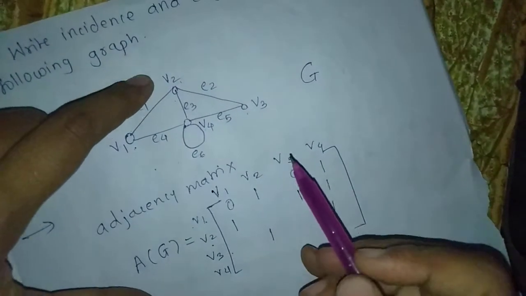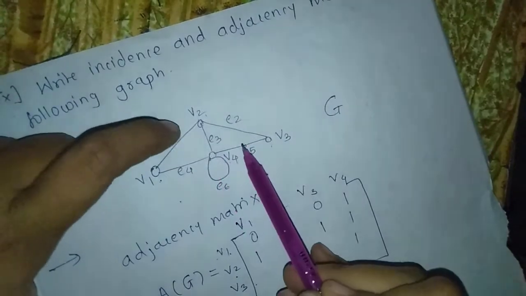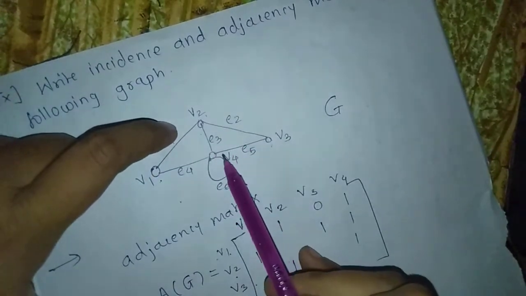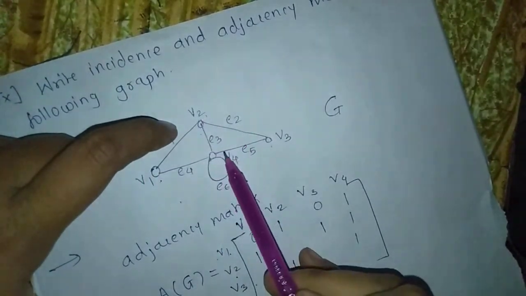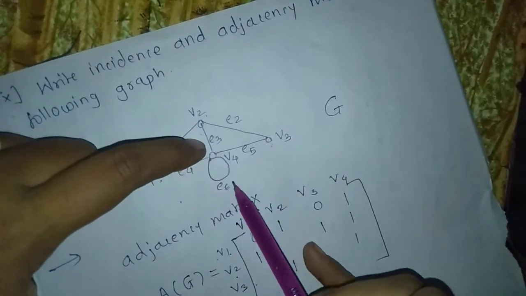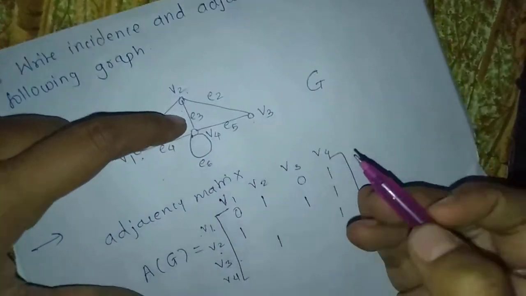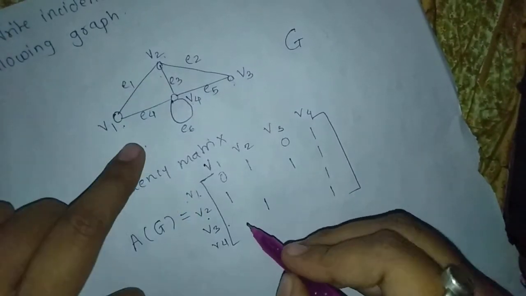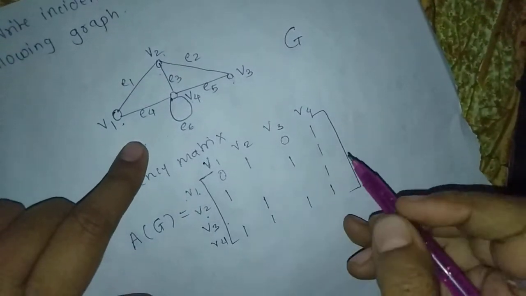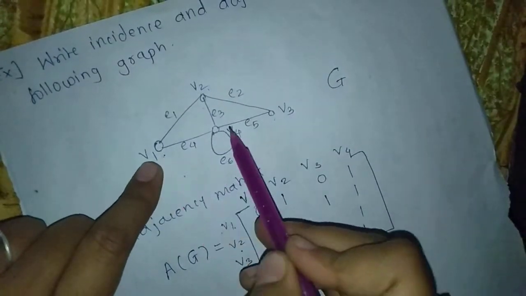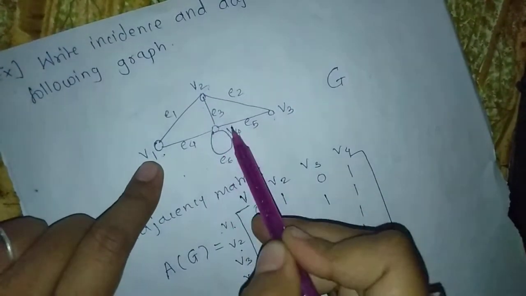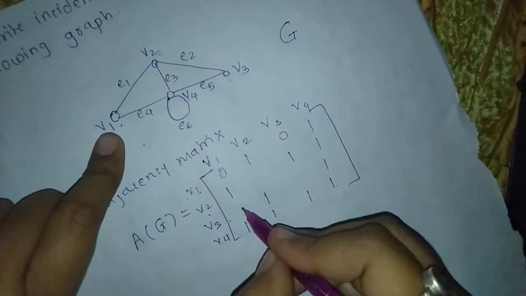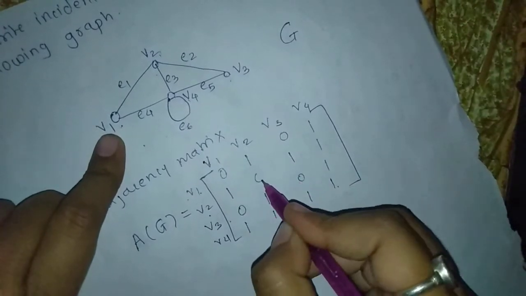And V4 is adjacent to V1, V2, V3. Also V4 has a loop, so put 1 for V4 as well. Because V4 is adjacent to V1, V2, V3, and this loop is also considered as 1, other entries become 0.